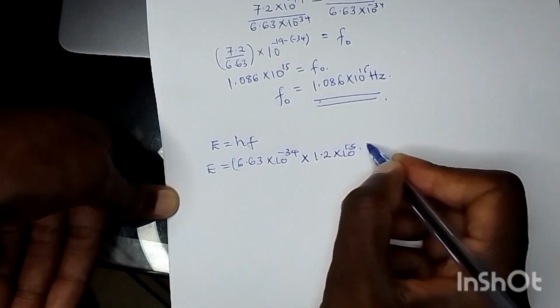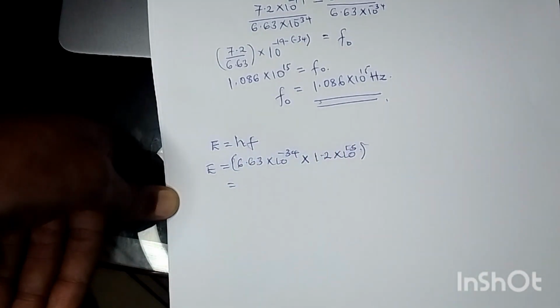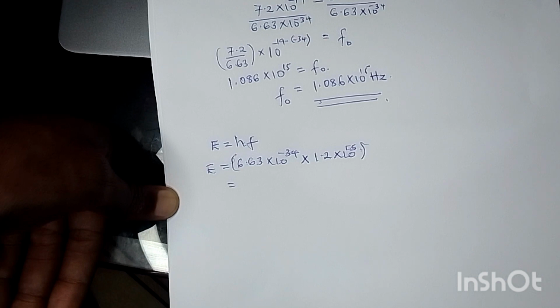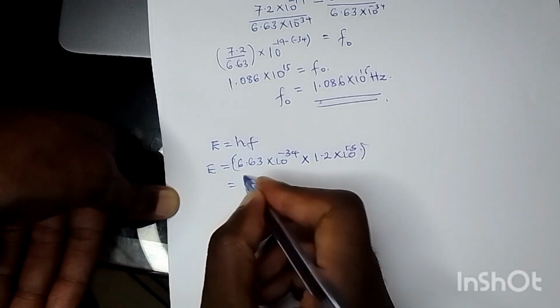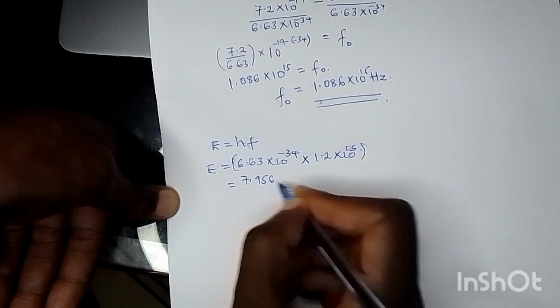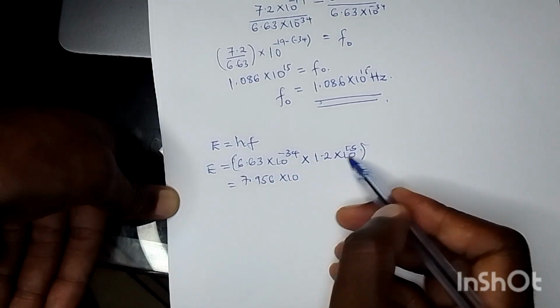So this one will give me the energy of the radiation. I'll just multiply this by this, then these powers I'll work them later. So 6.63 multiplied by 1.2, we get 7.956, of course, times 10, because we are multiplying numbers of the same base.